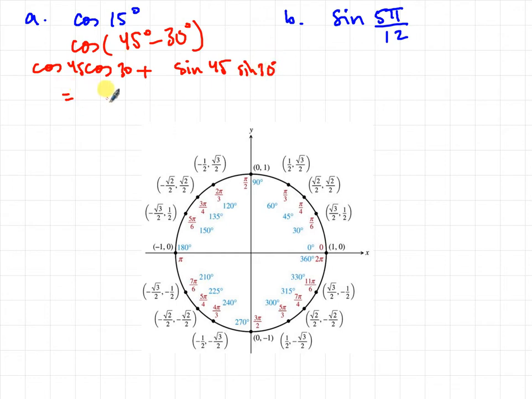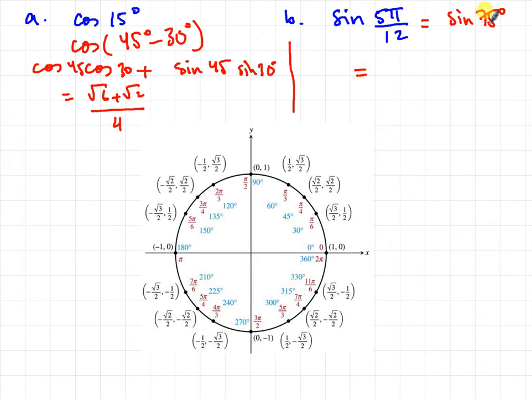Okay, the answer for this is radical 6 plus radical 2 over 4. Okay, for this one, 5 pi by 12 in degrees is 75.